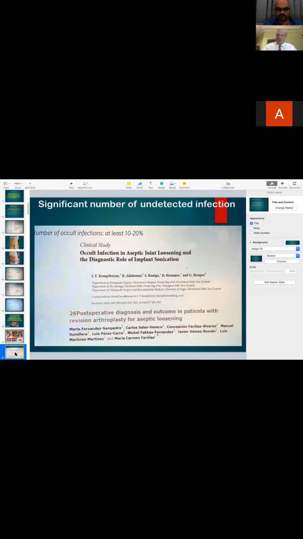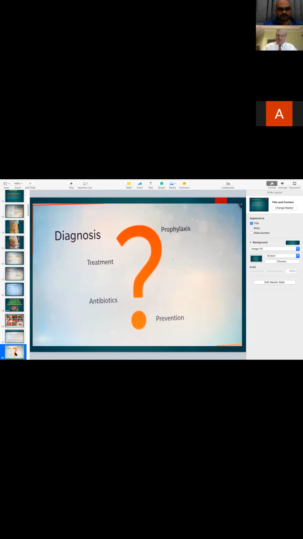There is occult infection. That's why we deal with how to define infection, because there are a lot of cases where you are dealing with something that is not aseptic, but actually septic. The diagnosis session in ICM takes a long time and is a big question mark, along with prophylaxis, prevention, treatment, and antibiotics, because it's very important to know whether this case is infected or not infected.